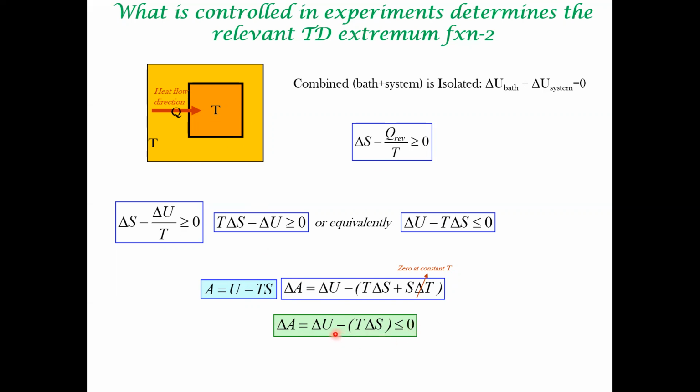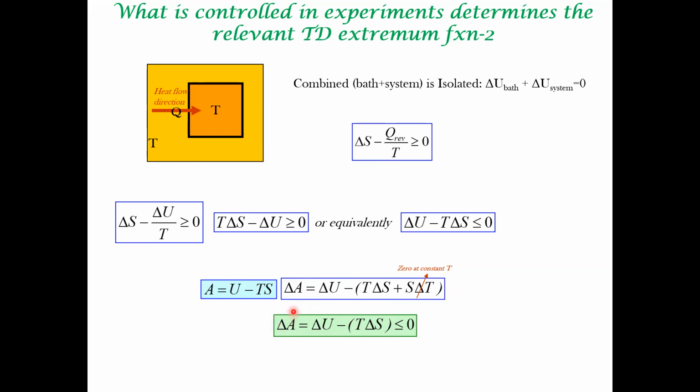So notice all these are properties of the system. Delta U is the change in internal energy of the system. Delta S is the change in entropy of the system. There can be chemical reactions occurring and so on. It doesn't matter. All these things refer to variation inside the system.